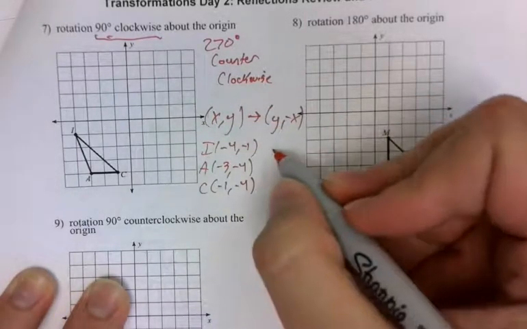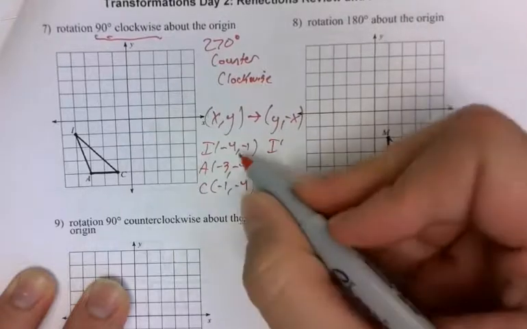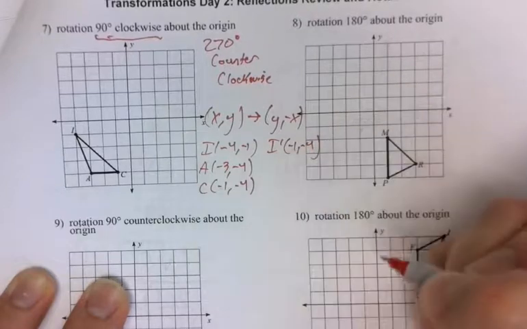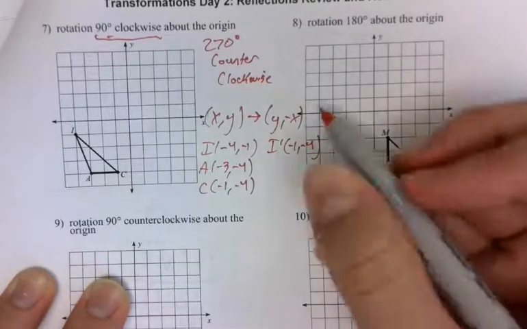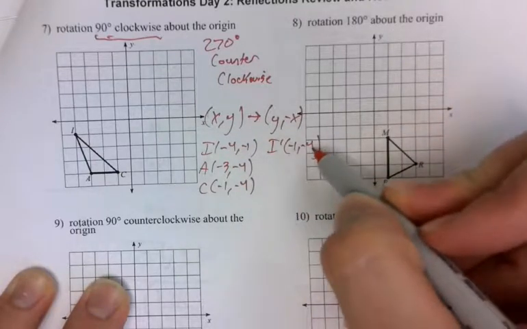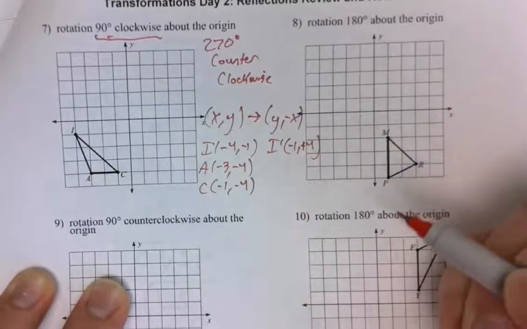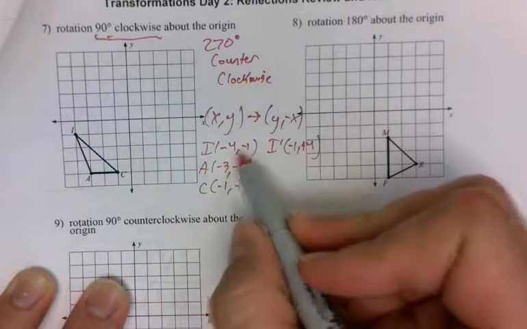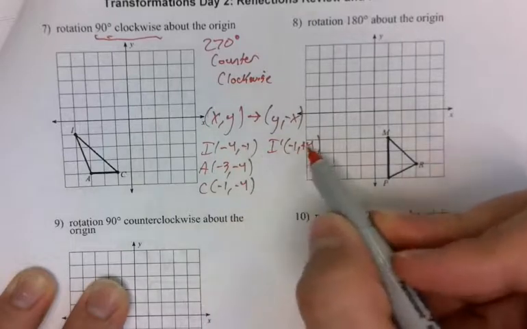So with I prime, I know that we're going to switch the two. But what goes here, so that x, which was -4, when it goes here, it's also going to change its sign. So instead of being -4, it's going to be +4. So the way I do this is I first flip them. So instead of (-4, -1), it's (-1, -4).